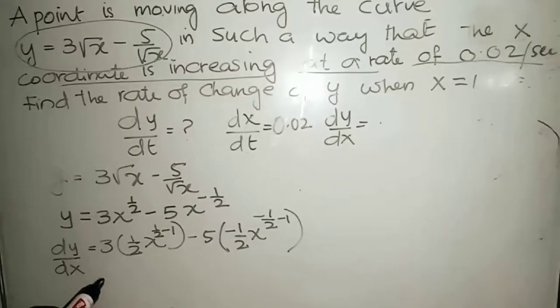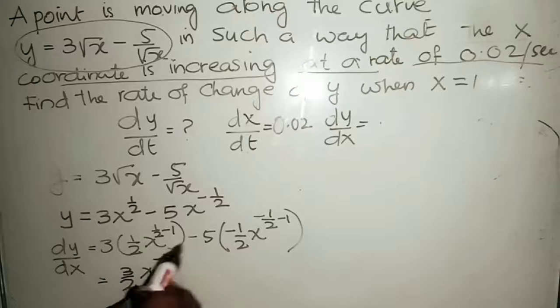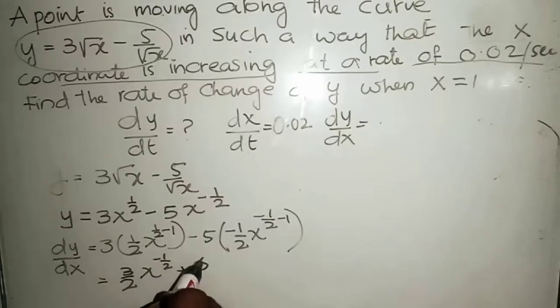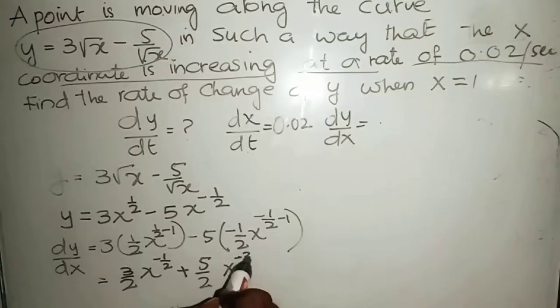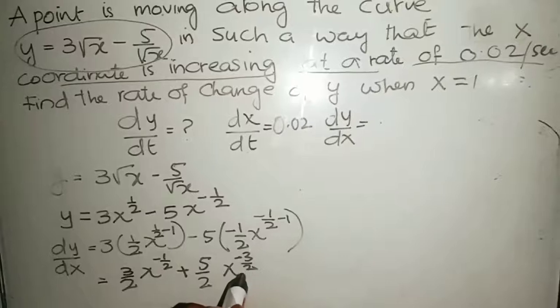That is equal to 3 by 2 x raised to minus 1 by 2 plus 5 by 2 x raised to minus 3 by 2. Minus 1 by 2 minus 1 is minus 3 by 2.